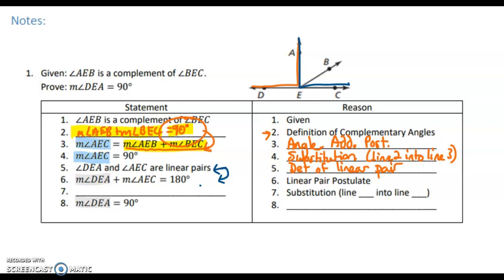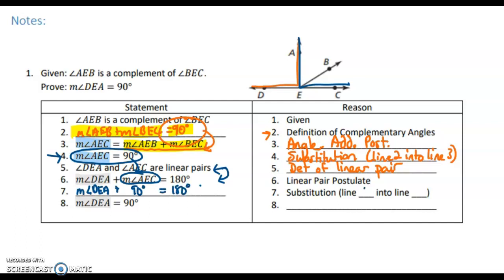So far what I know is that if in line 6 they had DEA and they have it in line 8, we probably need it in line 7. So somewhere we have to substitute something. So I see on line 4, we know that AEC equals 90 degrees. So my guess is instead of AEC, they're going to substitute in 90 degrees and keep the 180.